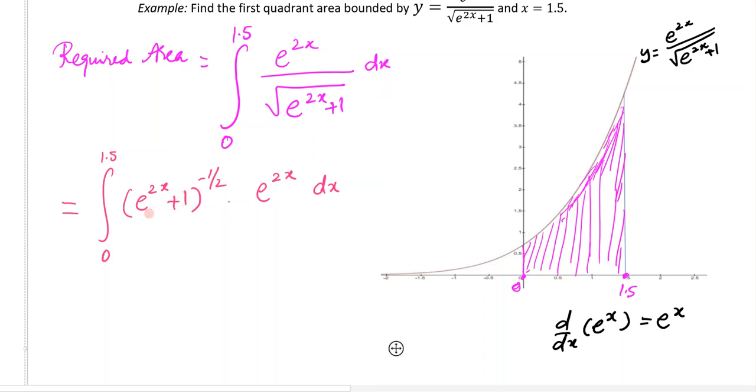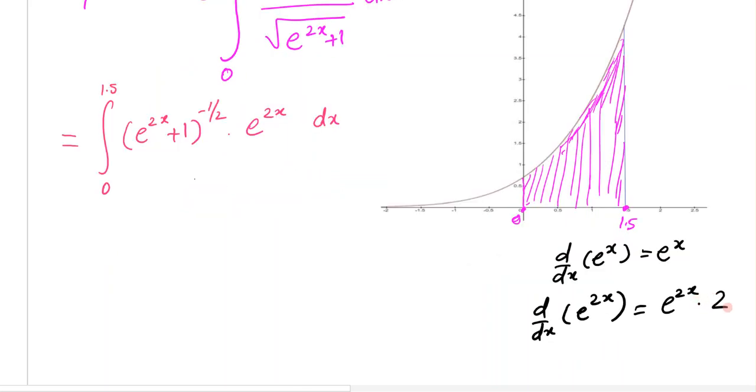So essentially we have a function inside, and we can make the derivative of the function outside, 2x times 2. In order to make this derivative here, we can just multiply by 2 and divide by 2. So now we got the desired form: a function raised to some power and the differential of the function.